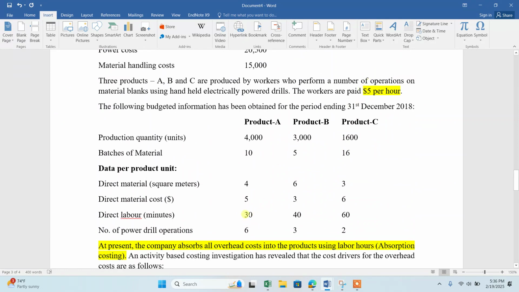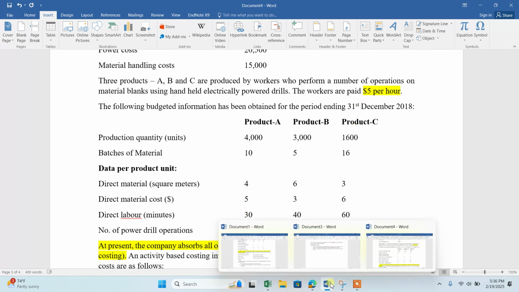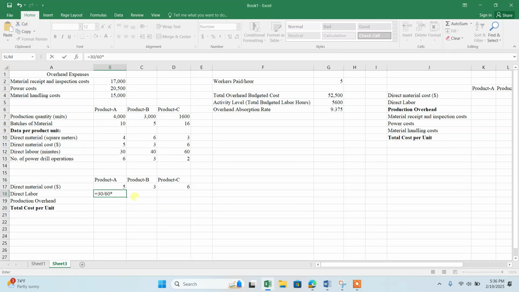They produce this product in 30 minutes, which means half an hour. So I have to pay them 2.5 for 1 unit. You can see 2.5 I pay for one, because this product is produced in 30 minutes.